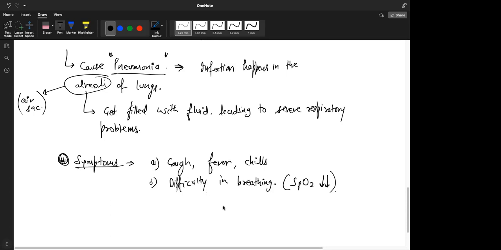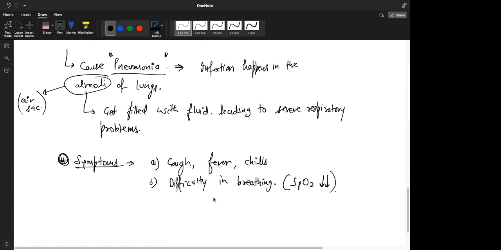So in COVID also, people become brain dead before they die. It's a very general thing. Most of the people who died in COVID first developed infection in the lungs, fluid got filled, then their brain slowly died, and then the body died. Can you now connect the dots? Yes, very well.